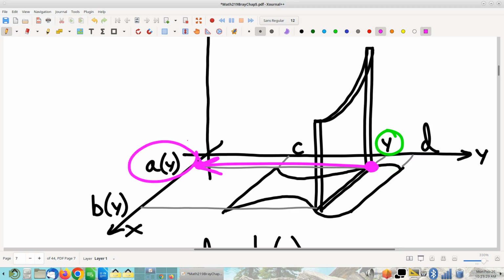But now just look at the picture and think about a different value of y. What if we were looking at this value of y right here? Y is going to take on all of the values between c and d. And for that value of y, pretty easy to look at the picture and see that point on that same curve, mind you, is the one that will determine the lower bound for x, right?